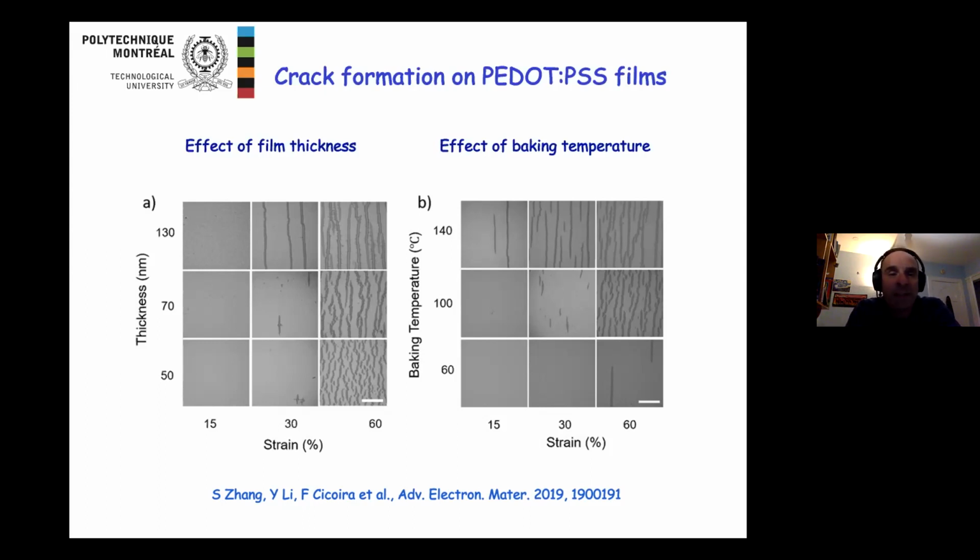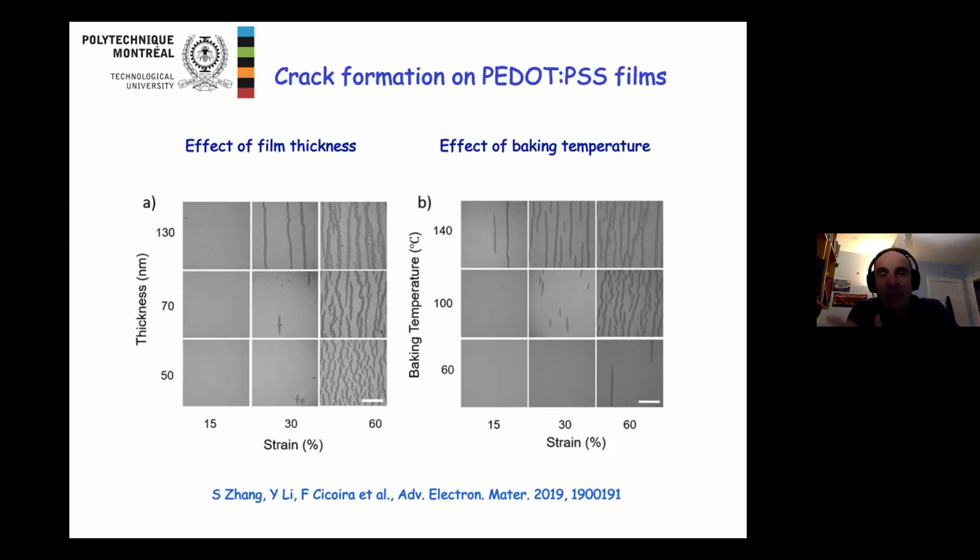So you can see here these are the optical images of PEDOT:PSS film on PDMS. If you apply a certain strain to the material and reduce the thickness, you observe fewer cracks in the film at a given strain. And the same happens if you reduce the baking temperature.